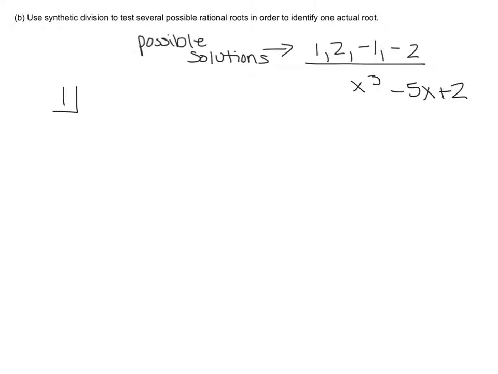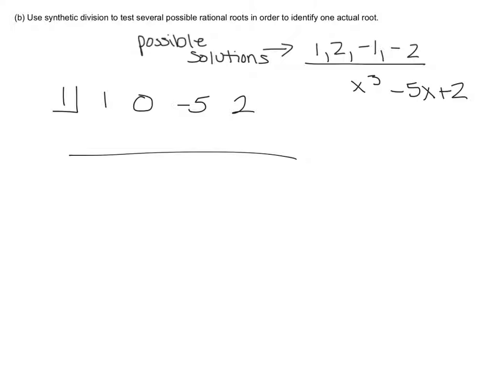The numbers that go next to that box are 1, and then I need an x squared term and I don't have one, so I'm going to put a placeholder of 0, and then I have a negative 5, and then a positive 2.